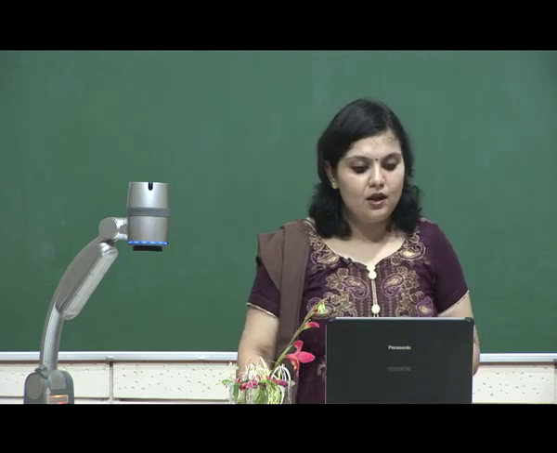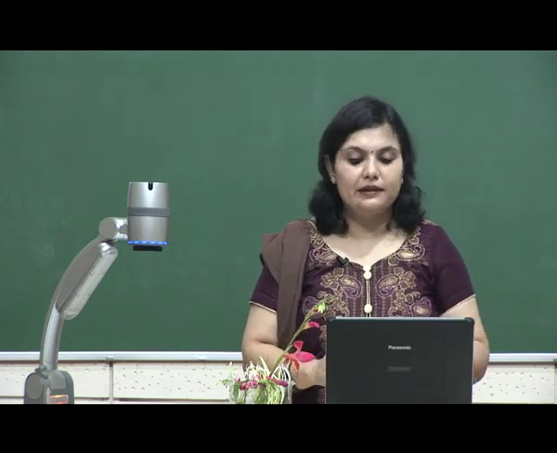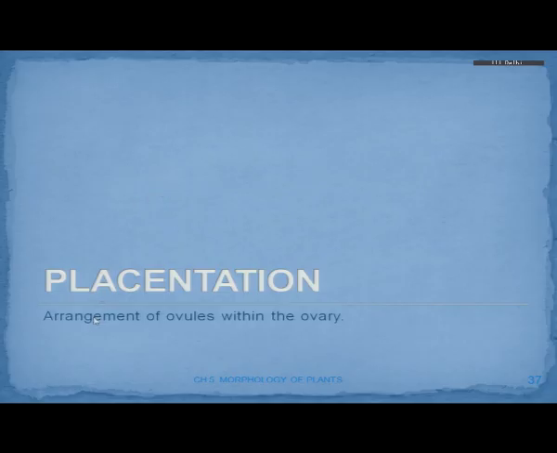Well, nothing happens haphazardly for that matter in an organism. So, ovules arise only at the point where placenta is present. Placentation is the arrangement of ovules within the ovary. There are many different types of placentation that are possible. We will study them one by one.